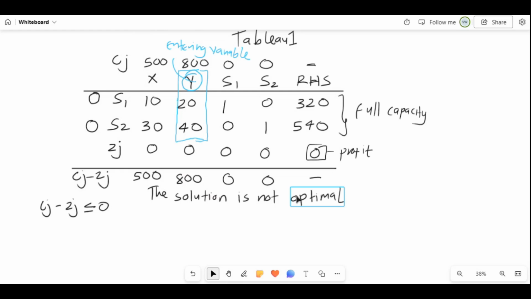So how do you decide on the pivot row? We have to use the ratio to identify the pivot row. Let me clear this one because I want to calculate this ratio here.